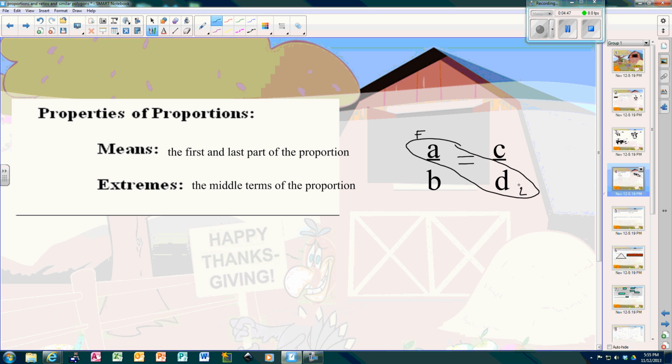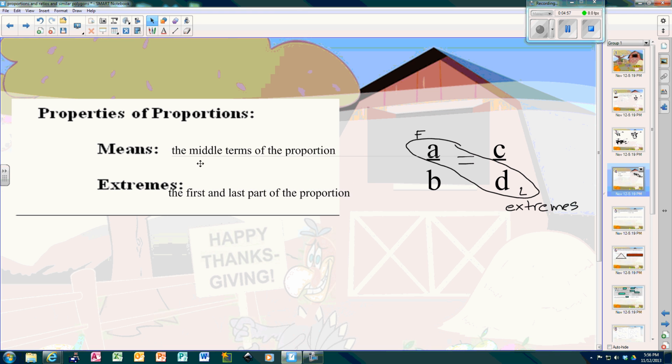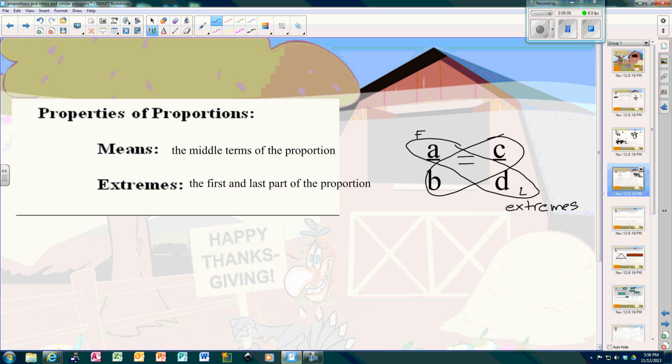I got these backwards, so let me fix this. Hope you used a pencil. So the extremes, those are your first and last parts. The means are the middle terms.